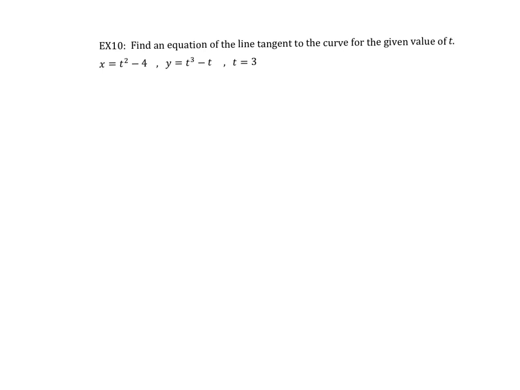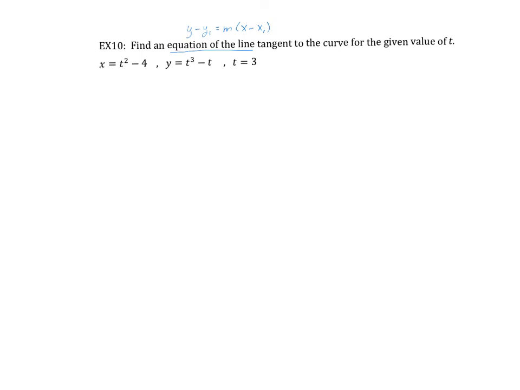And I want to find the equation of the tangent line when t is equal to 3. So remember, this is an equation of a line. We're going to need a point, we're going to need a slope. So the equation of a line is y minus y sub 1 equal to m times x minus x sub 1. So I need my x sub 1, y sub 1.